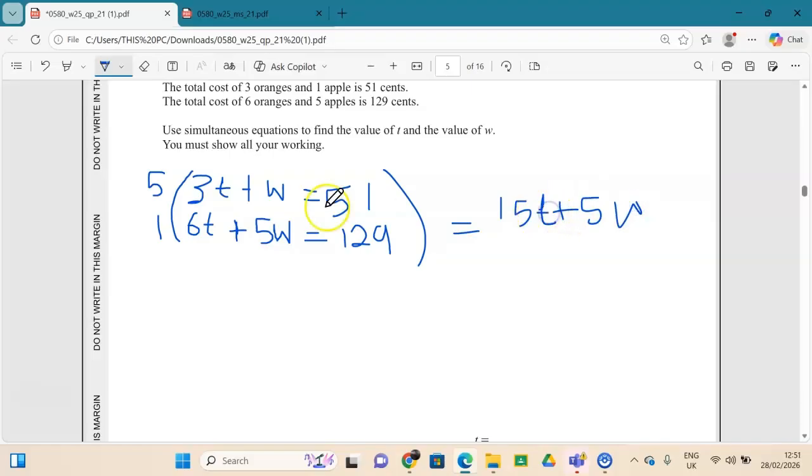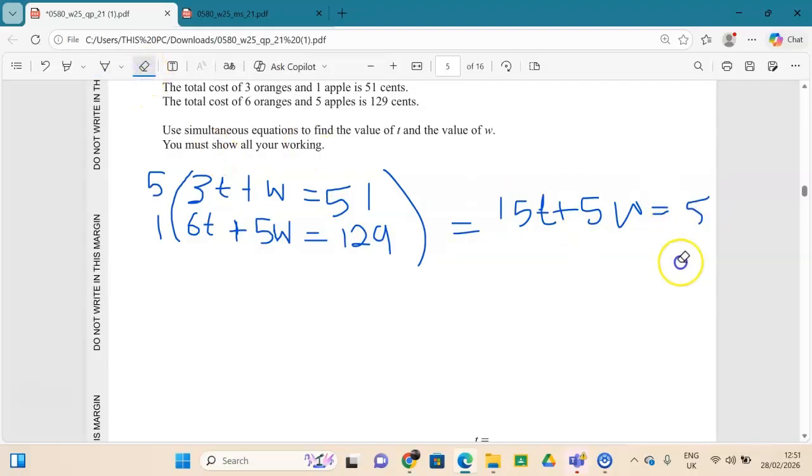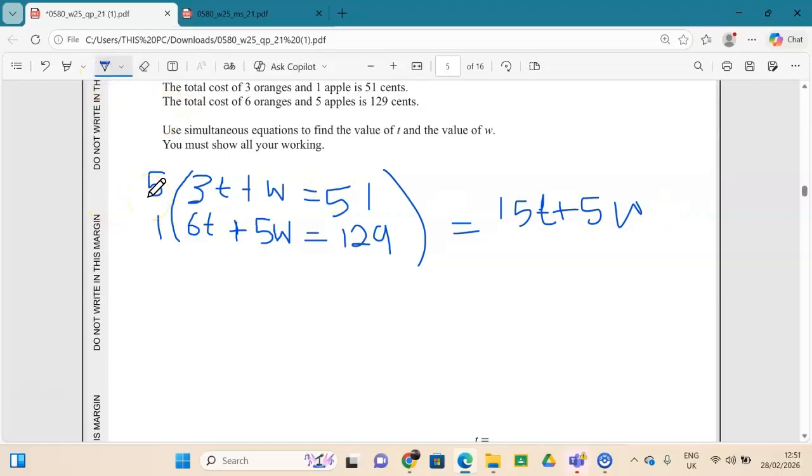And 5 times 51, you can work it out. 5 times 1 is 5, and 5 times 5 is 25. So it becomes 255.